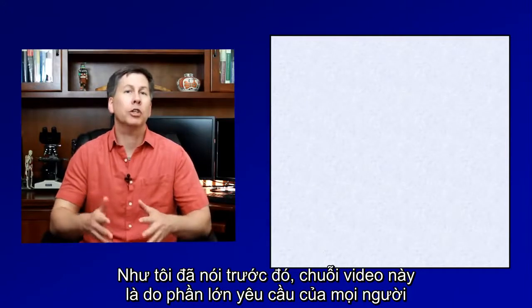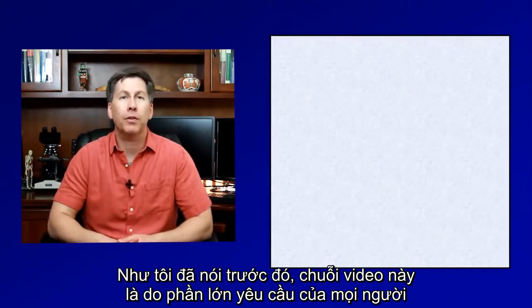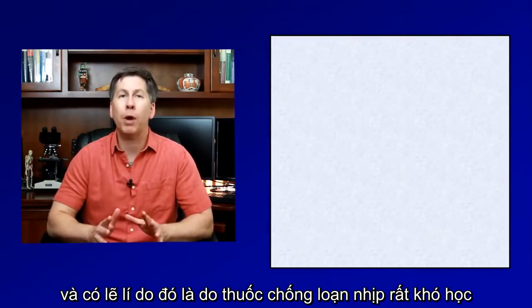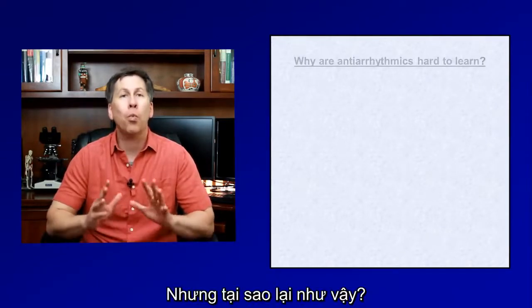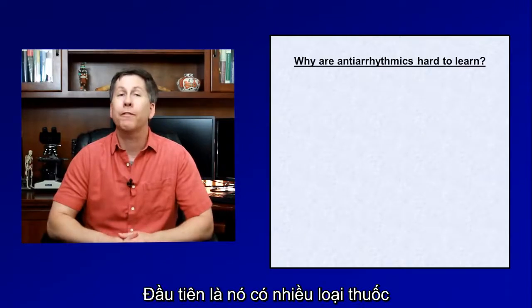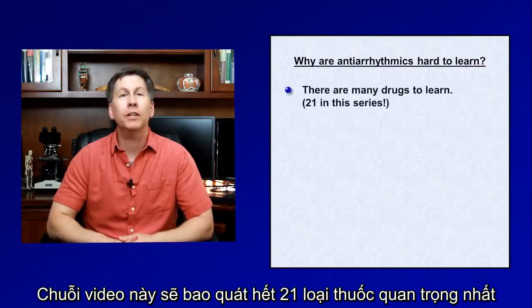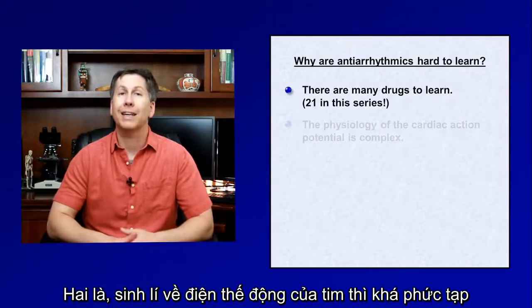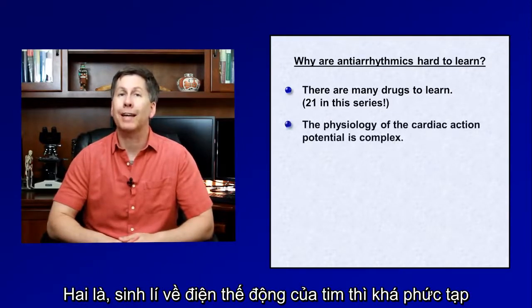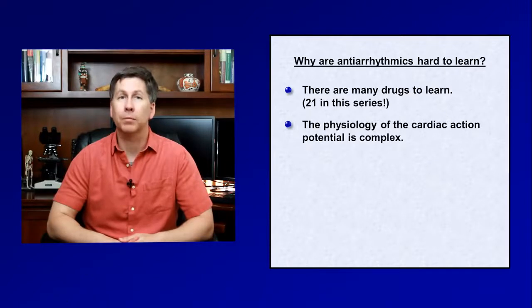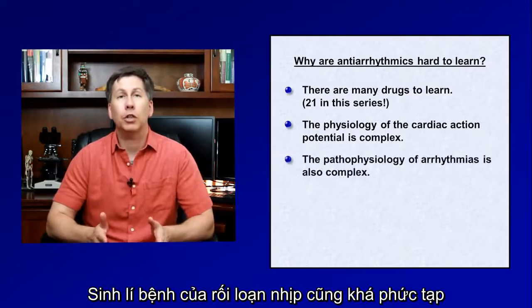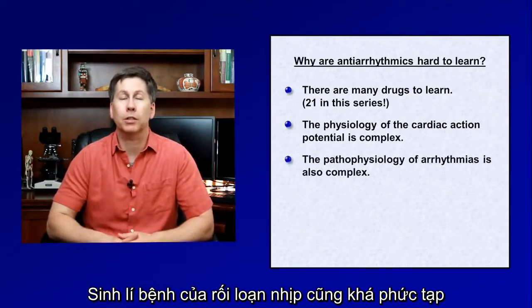So, as I mentioned, this series comes by popular demand, and the reason for that is probably because antiarrhythmics are hard to learn. But why is that? First, there are many drugs. This series will cover the 21 most important ones. Second, the physiology of the cardiac action potential is complex. The pathophysiology of arrhythmias is also complex.